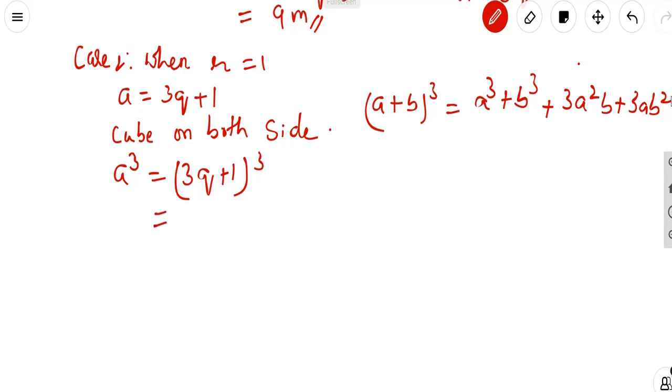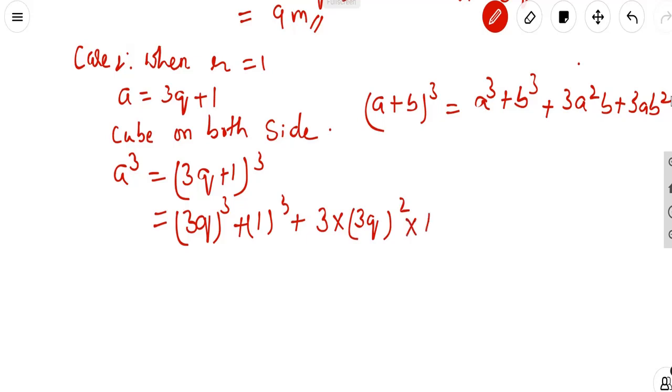Okay, all of you, so I'll write this equation. So this becomes (3q) to the power of 3, that is cube, plus 1 to the power of cube plus 3. It is 3 into a, which is 3q, so it is 3q to the square, into 1.